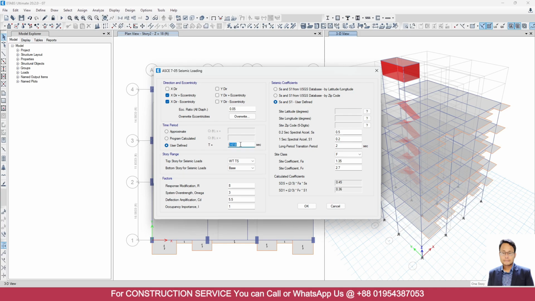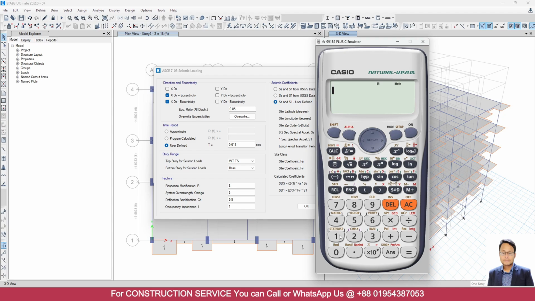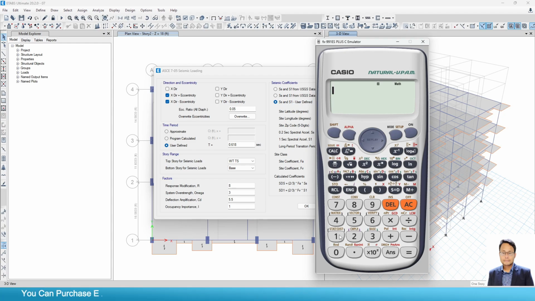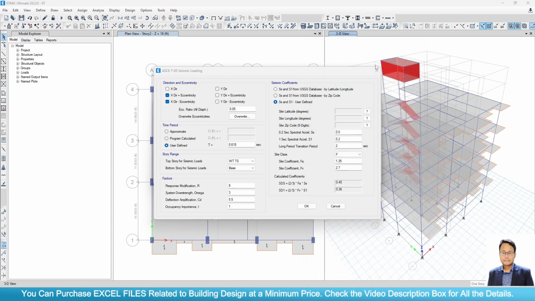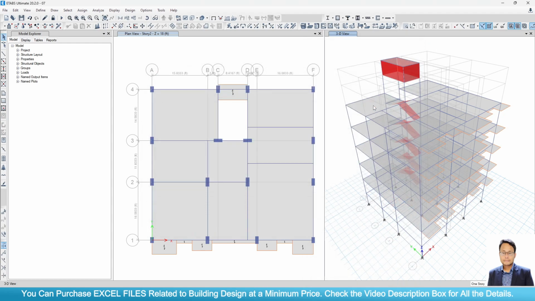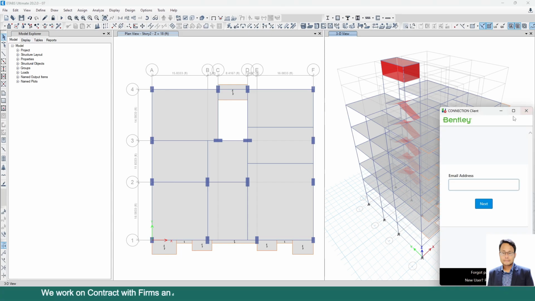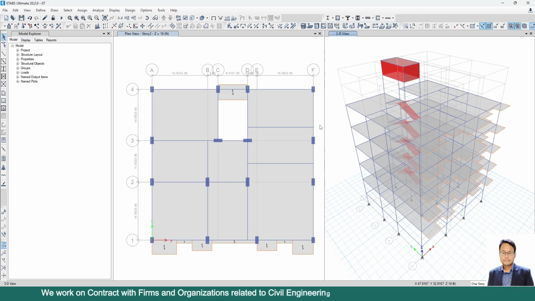Here the time period is 0.618. So to calculate the frequency, that means 1 divided by T, 1 divided by 0.618, which is greater than 1. That means we can say the type of our structure is rigid. But we have to consider some other parameters. If you feel there are some chances of differential displacement in your structure, in that case you can consider your structure as semi-rigid or flexible.